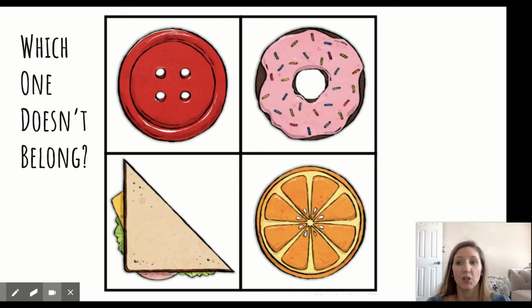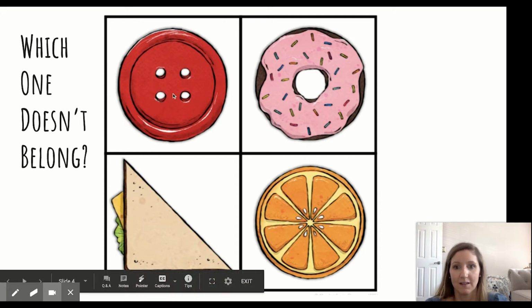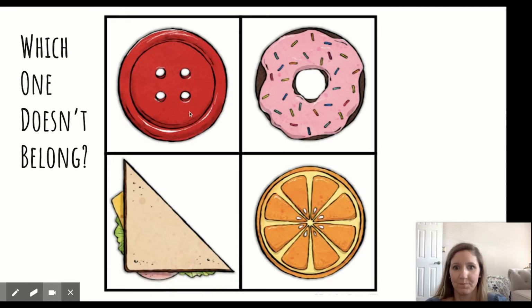For instance, you might notice that the button is red and has 4 holes and a thick rim. Or you might notice that the donut has 1 hole and frosting and sprinkles.